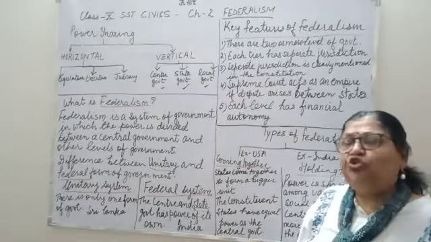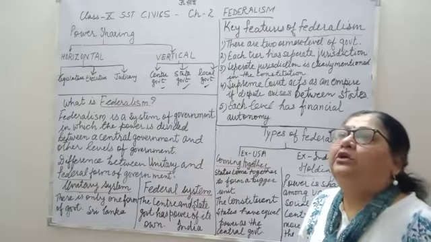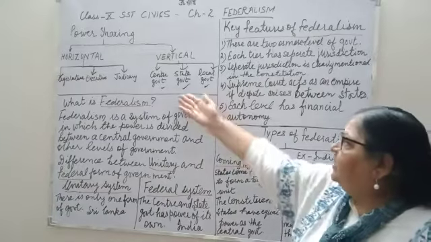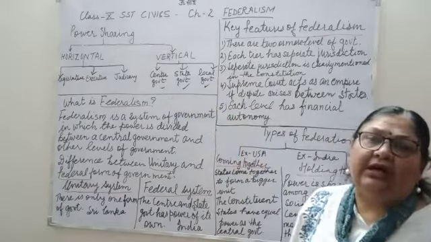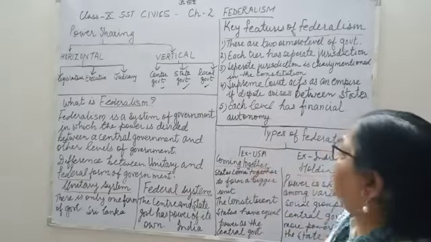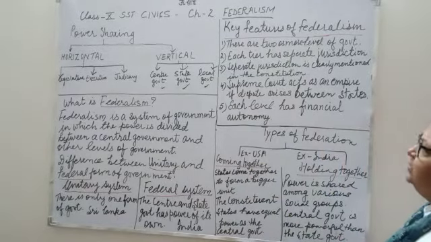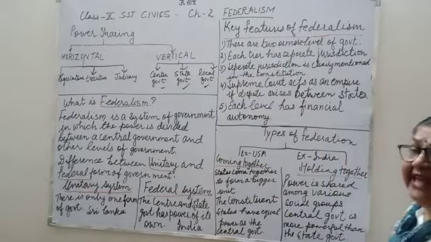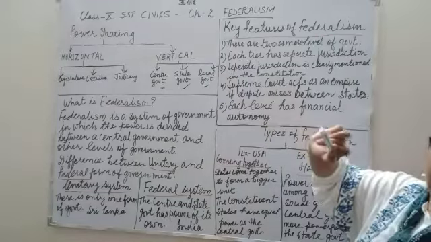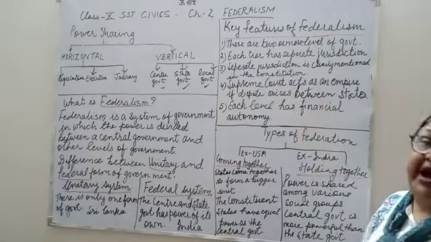Now, when it comes to any dispute, naturally when these 3 work together in a country, there is a possibility of disputes. So in that case, the Supreme Court acts as an umpire.